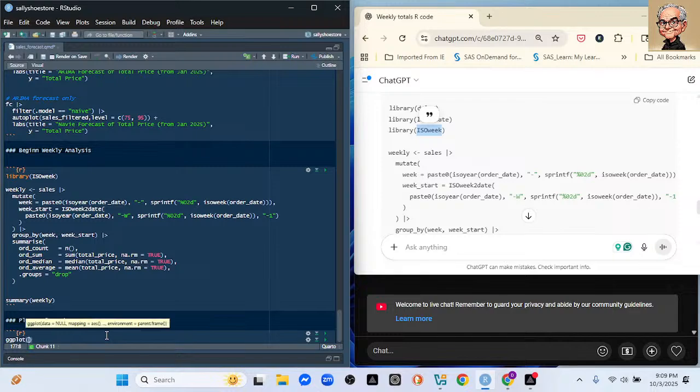Let's do something a little funky here. Let's actually take a look at some histograms, okay?